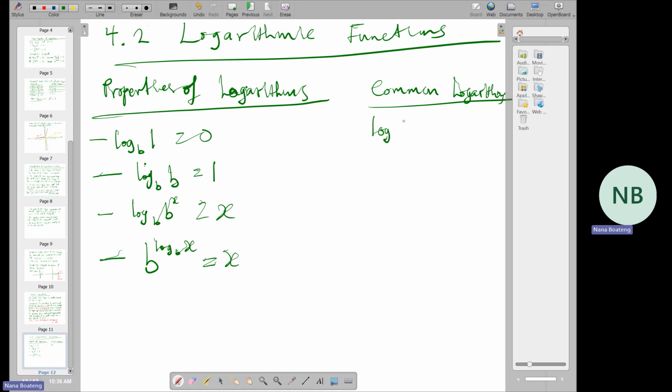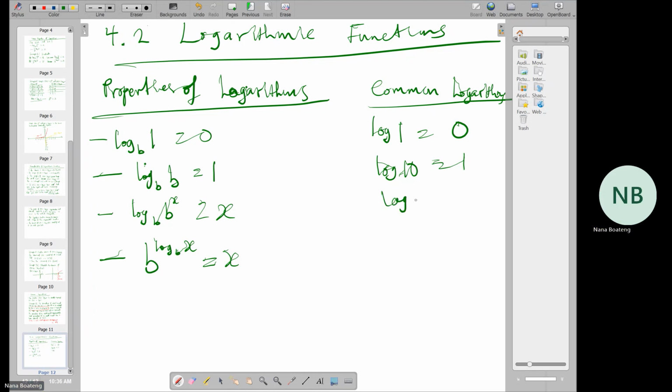For common logarithms, we don't write the base. So for example, log base 10 of 1, we don't write the 10, so this is equal to 0. Log to the base 10 of 10 is equal to 1.